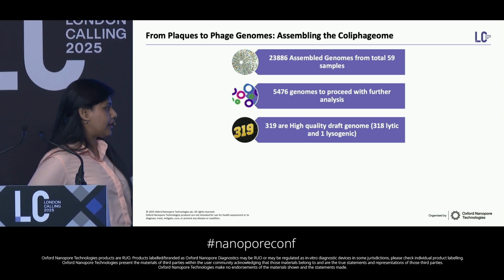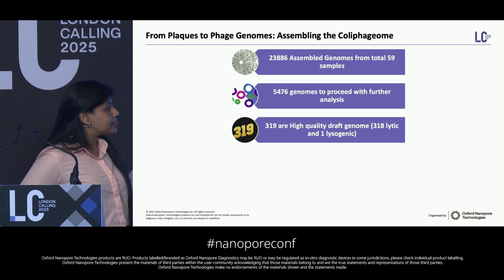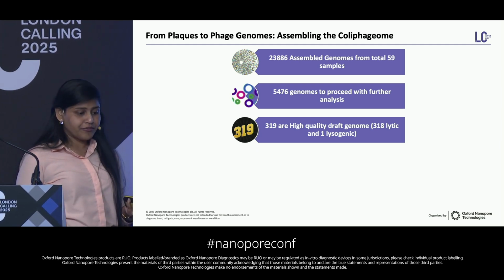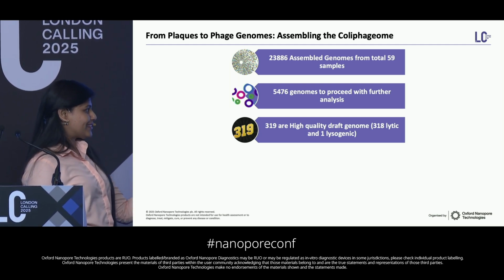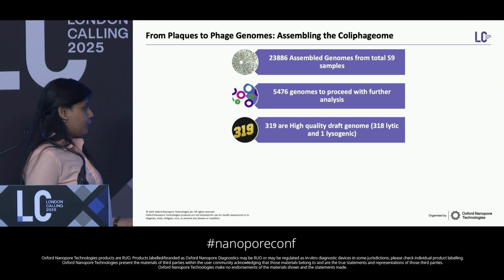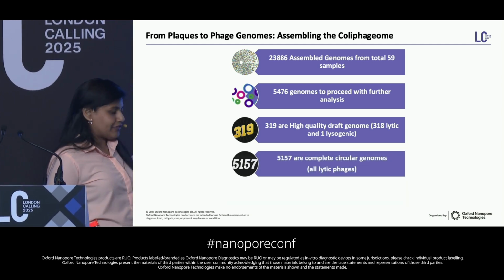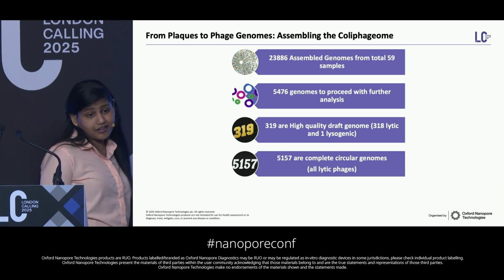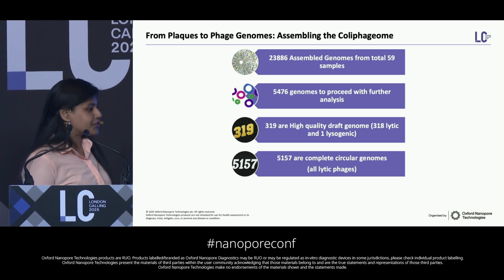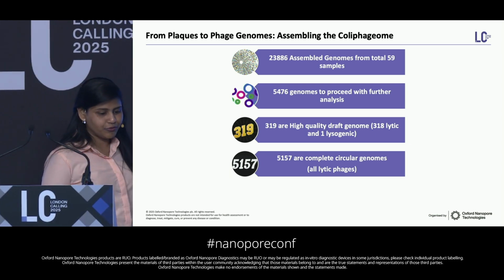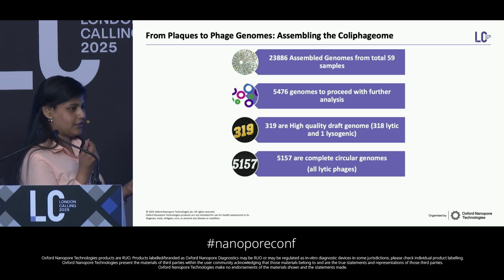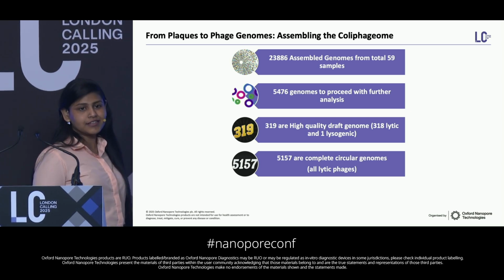And of this, 318 were lytic phages, and one interesting one was a lysogenic phage. And of the 5,157 genomes which we have got, all of them are lytic phages. And it is interesting to see because this phiX174, which is used as a sentinel of somatic coliphage, also has a circular genome.